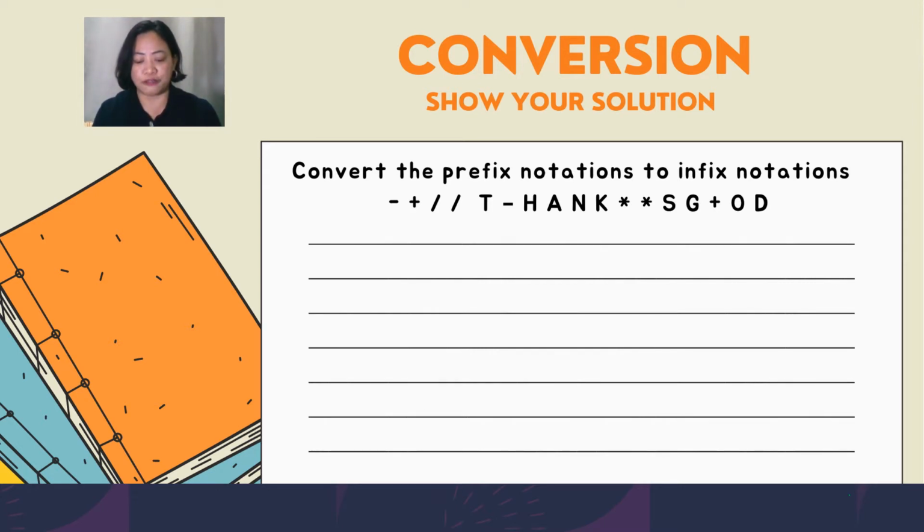So if we're going to convert a prefix notation to an infix notation, we have to look for a sequence of operator, operand, operand. So how are we going to do that?